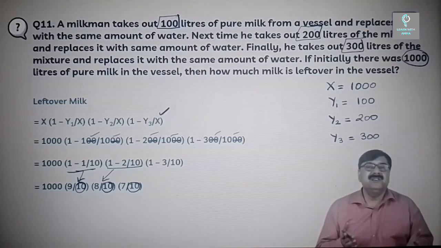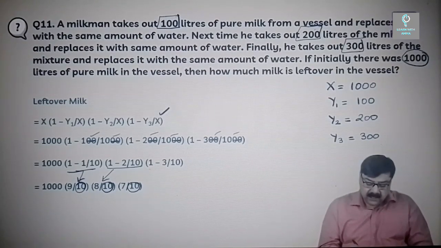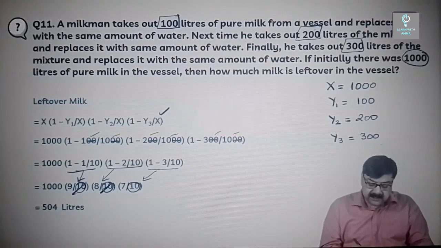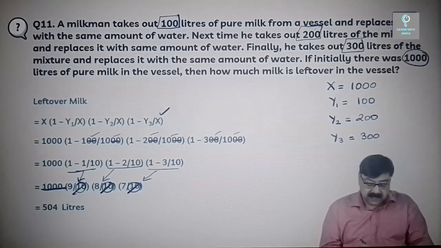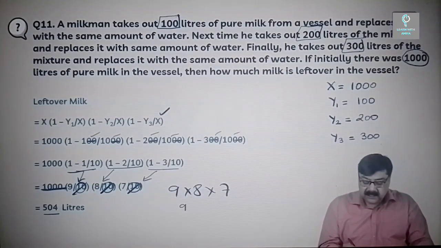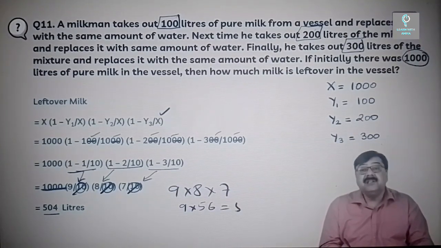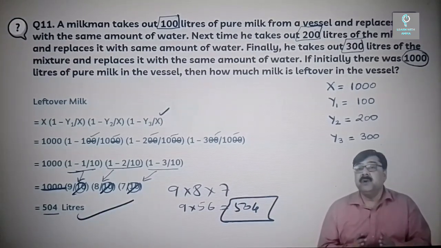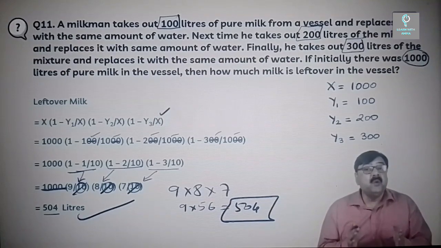So why increase the number of steps here? Alright, so 1 minus 3 by 10 is 7 by 10. So simply, these 10s cancel this 1000, and we are left with 9 into 8 into 7. That is 9 into 56, which is 504 liters. This will be the quantity of pure milk which will be remaining in the vessel.